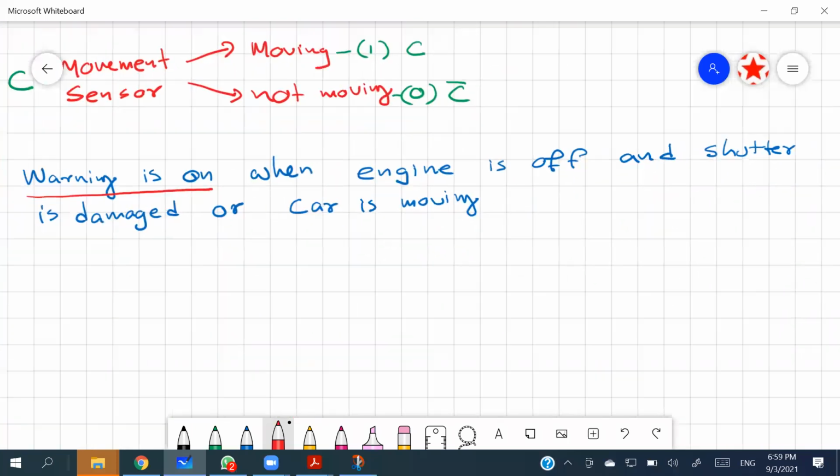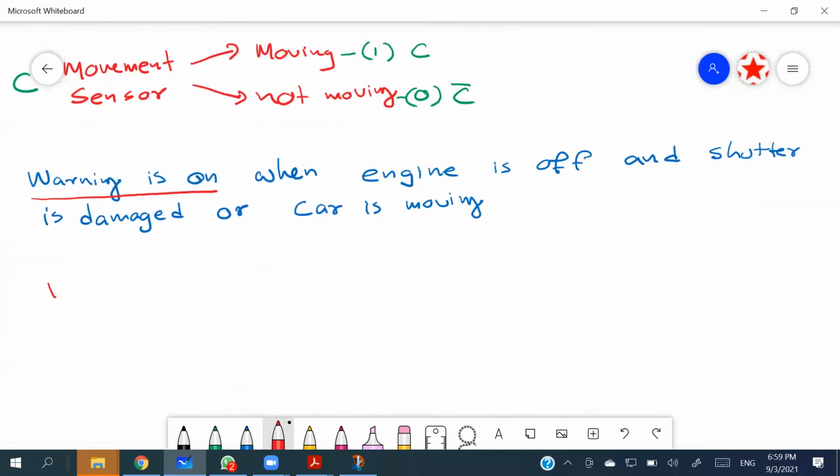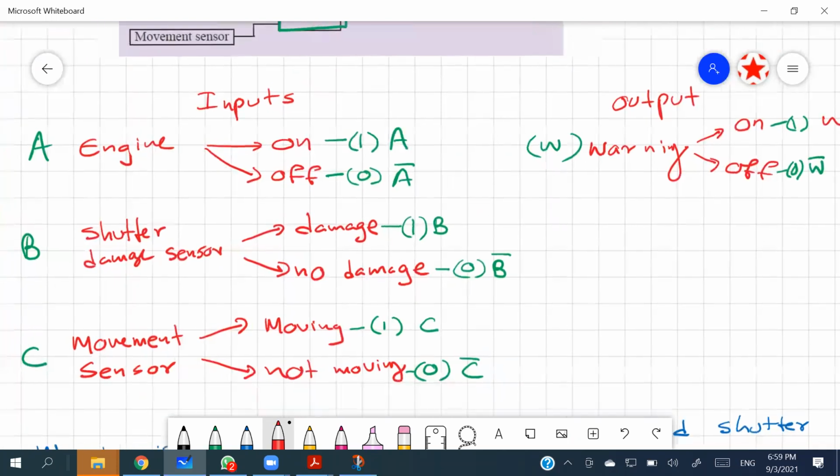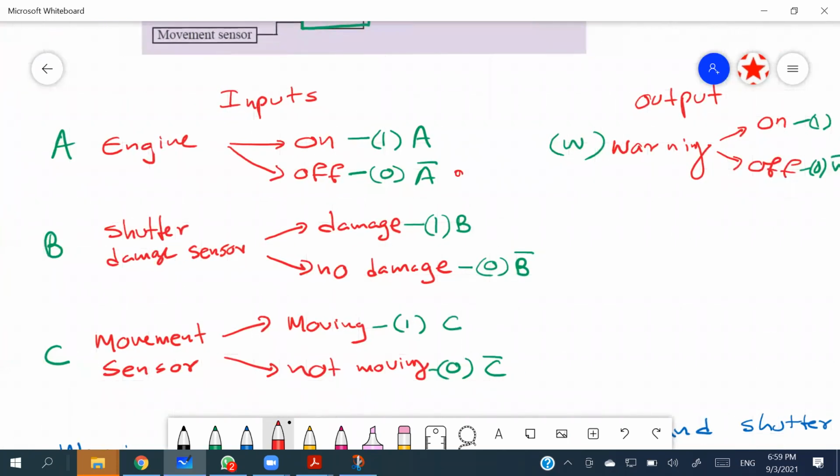So I'm going to have W. So that is my output. And it says engine is off. Right? So I took the engine as A. So off position is indicated by A bar. Right? Right over here.